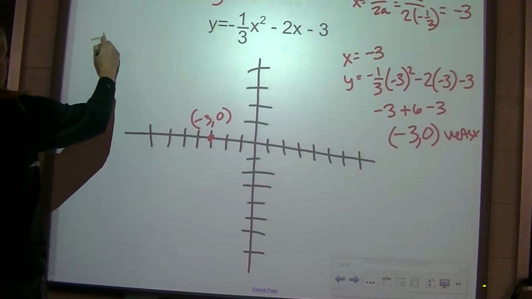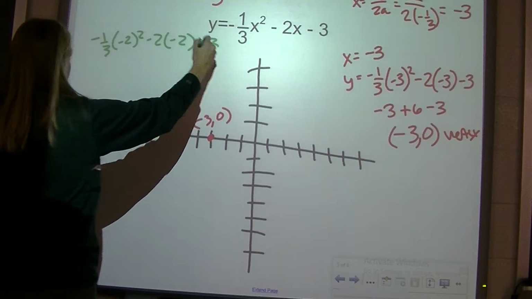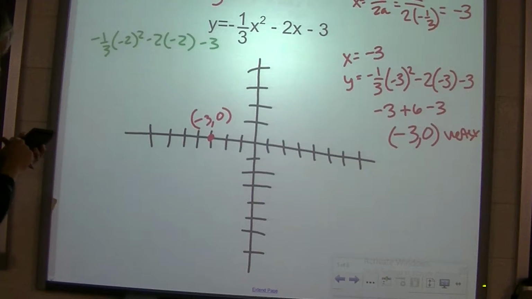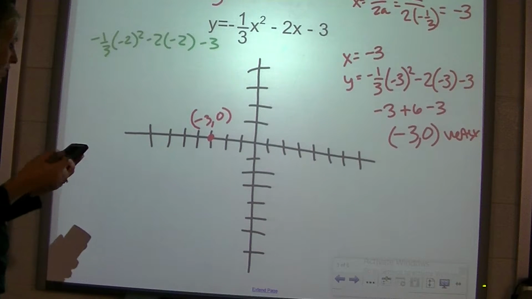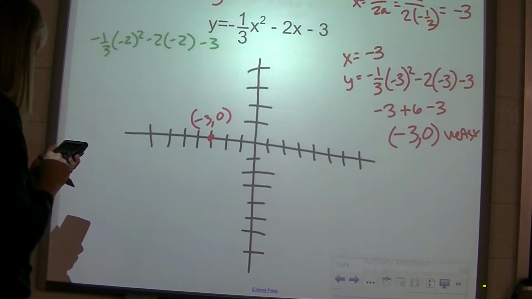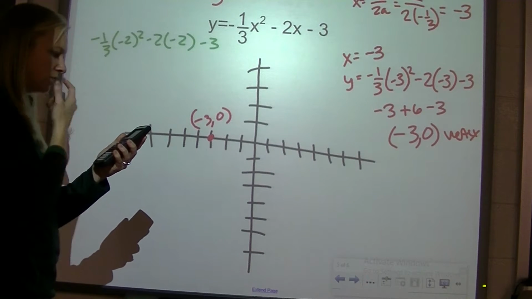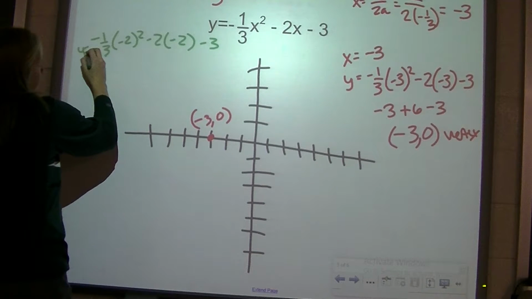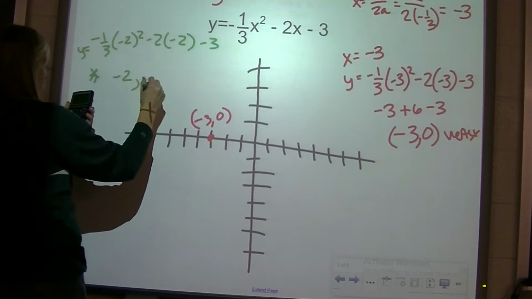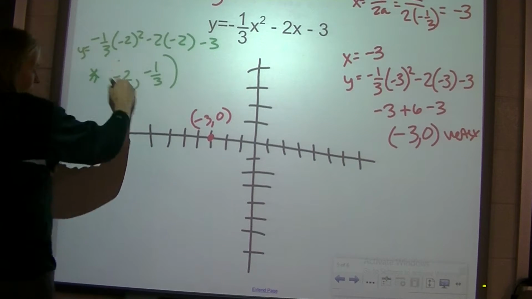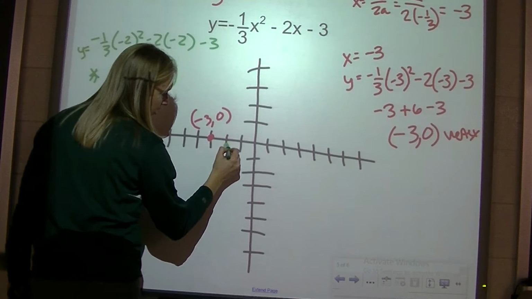We'll have -1/3 times -2 squared minus 2 times -2 minus 3. -2 squared is 4. 4 times -1/3 is -4/3, or -1.3 repeating, plus 4, because -2 times -2 is +4, minus 3 gives us -1/3. So when x is -2, y is -1/3. So we could plot that point, -2, -1/3, would be about there.